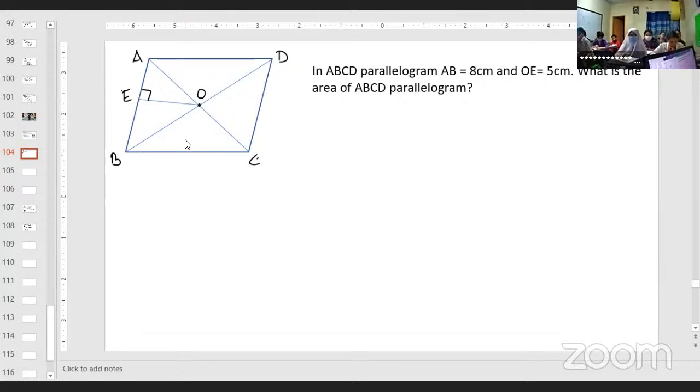The shapes are not the same in a rhombus. Only in a square are all the triangles the same shape. But the areas of each of them are equal, like OCD, OAD, OAB, OBC, all these triangles have equal area, and this is true for all four.